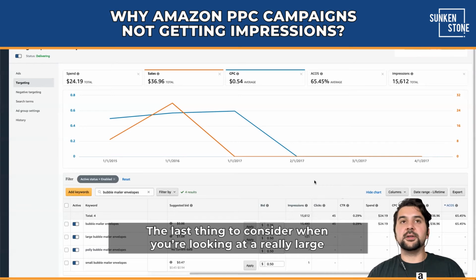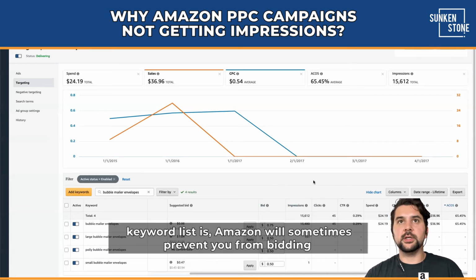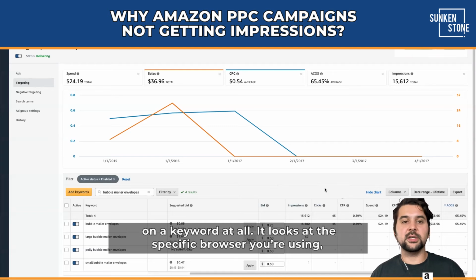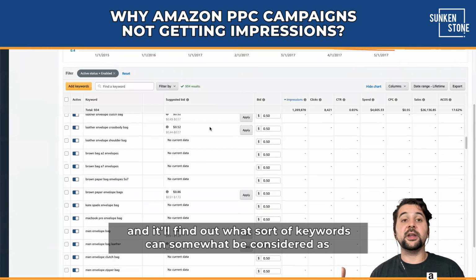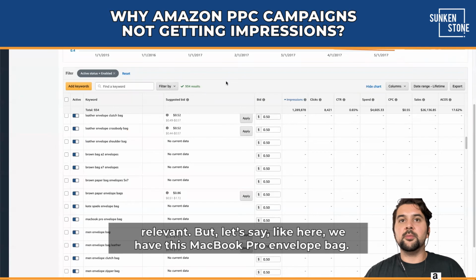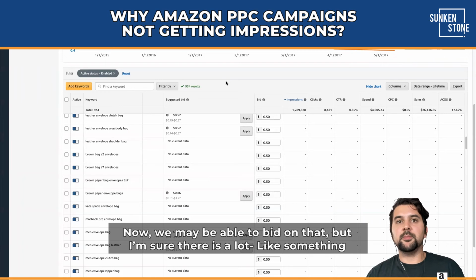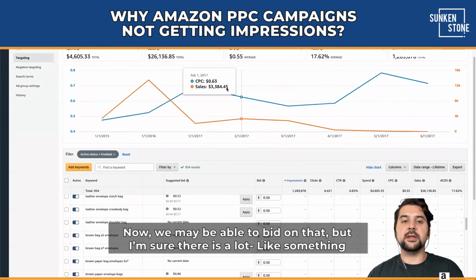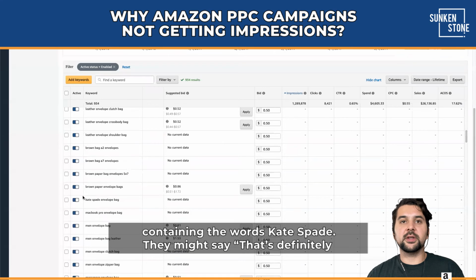The last thing to consider when you're looking at a really large keyword list is that Amazon sometimes will prevent you from bidding on a keyword at all. It looks at the specific browse node you're using, and it'll find out what sort of keywords can somewhat be considered relevant. Here we have this MacBook Pro envelope bag. We may be able to bid on that, but I'm sure there's a lot of keywords containing the words Kate Spade.